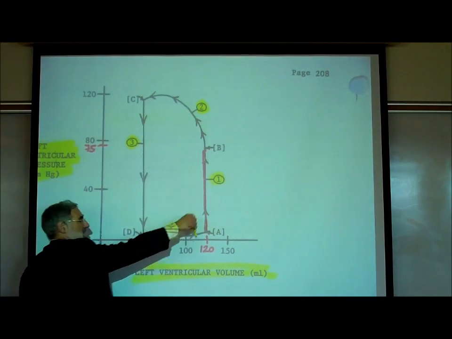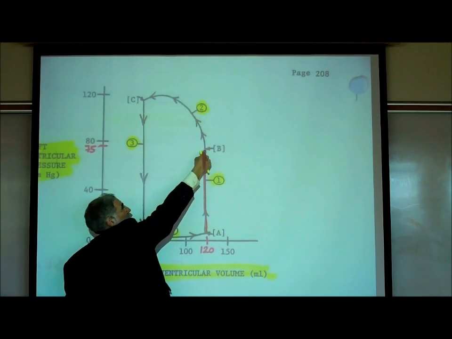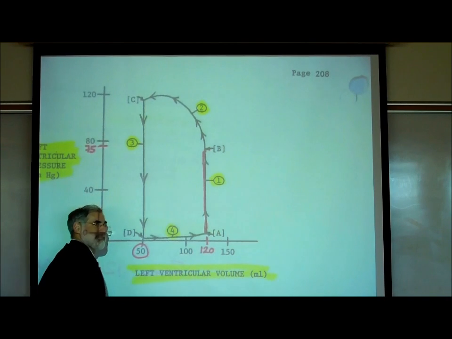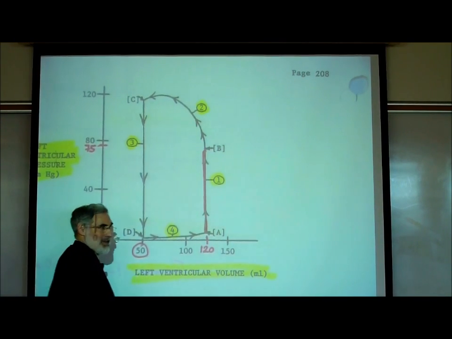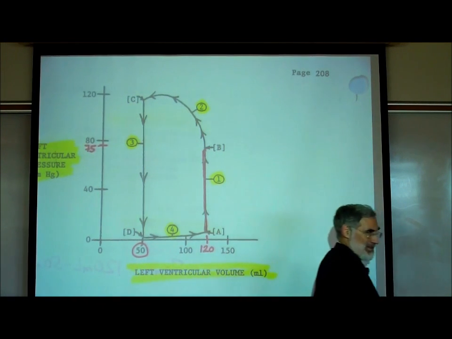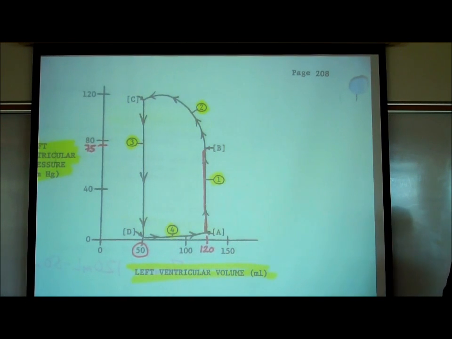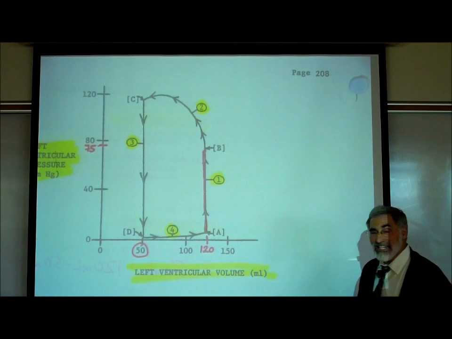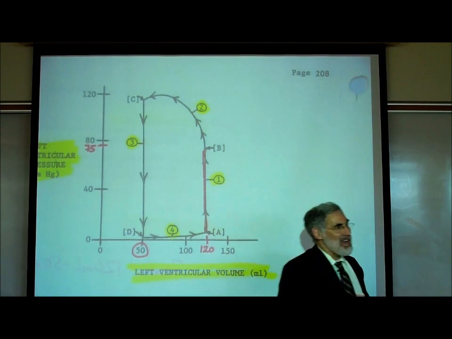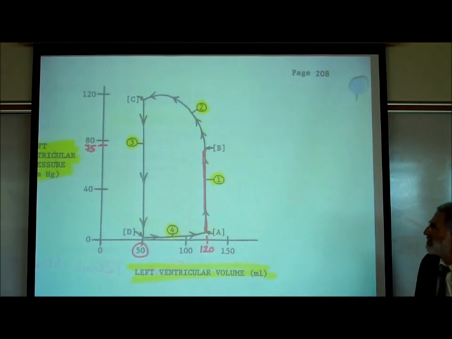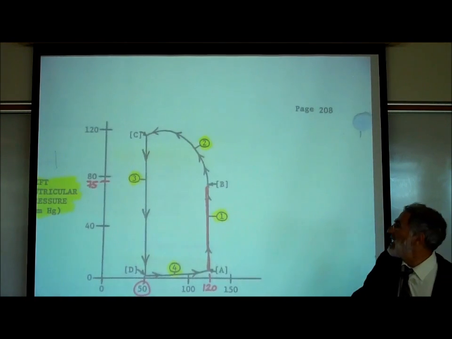It stays the same. It's 120 here. It's still 120 here. You read the volume on this x-axis. The volume didn't change. So what phase is it? Isovolumetric contraction phase. It has to be isovolumetric. The volume stayed the same, and the pressure is rising. That's isovolumetric contraction phase.